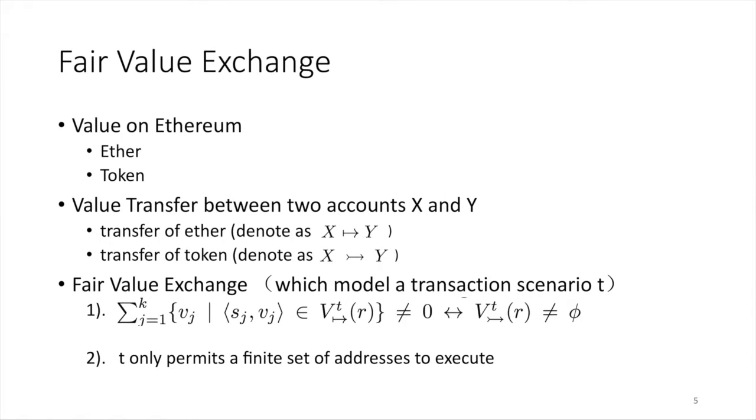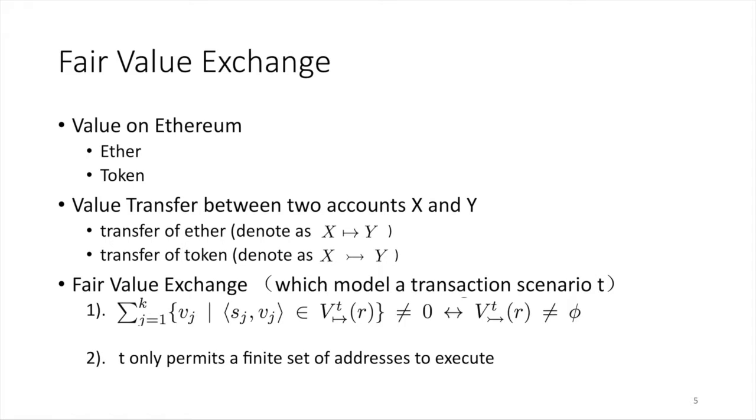The key insight behind it is a new security invariant called fair value exchange, which models the fairness of blockchain payments. Based on fair value exchange, an unfair payment is flagged if a violation of fair value exchange is found.